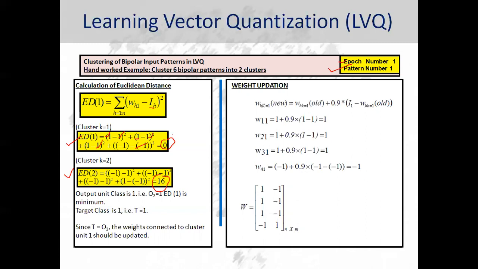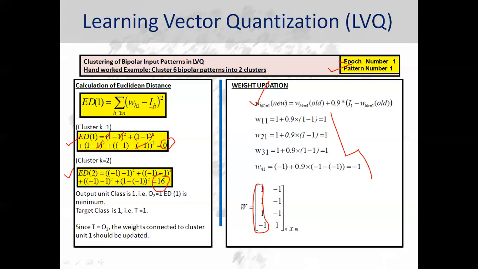It means the cluster number shown by the LVQ and that given in the input pattern space are equal. So we have to strengthen the weights. We have to upgrade the weights in a positive way using this formula, and using this we updated the 4 weights, and accordingly we modified the weight vector corresponding to the first cluster. Now we updated the weights.